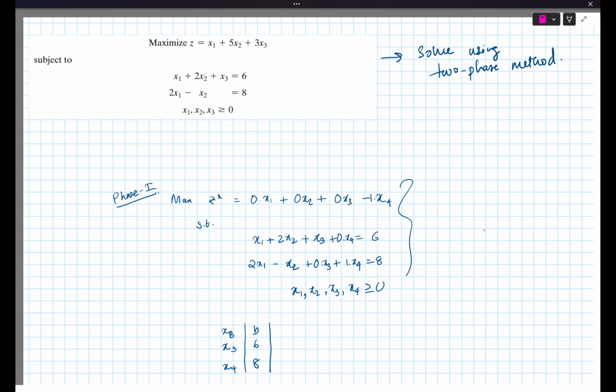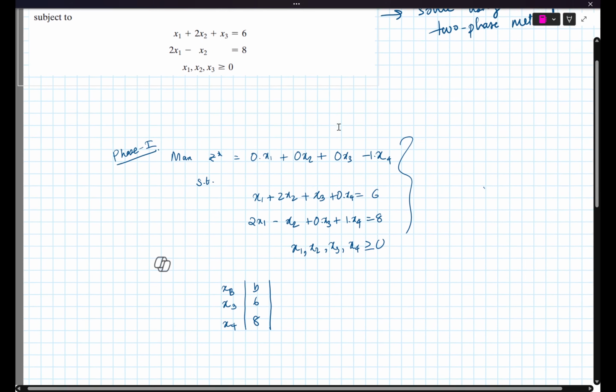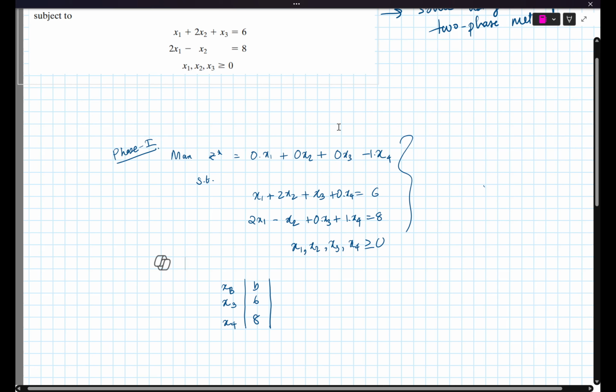In phase 1, you give a 0 coefficient to your original variables, including the slack and surplus variables, but to the artificial variable that you added, you give a -1 coefficient. Okay, and then you do the simplex.